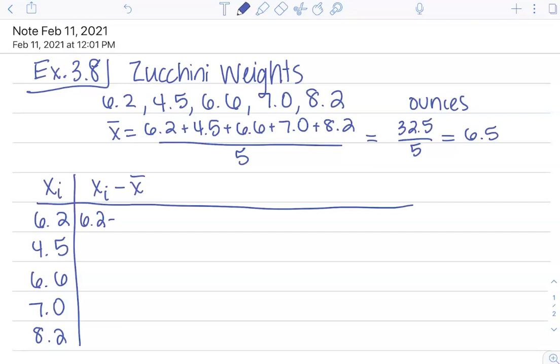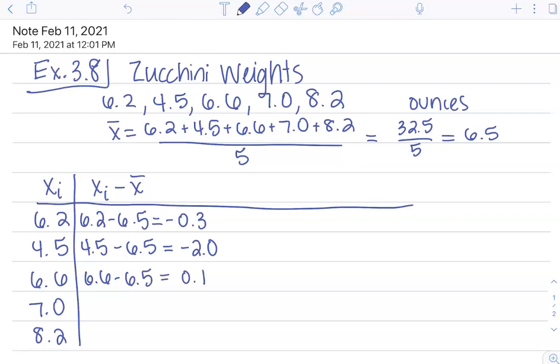So here's 6.2 minus 6.5, we get a negative 0.3. 4.5 minus 6.5 gives us a negative 2.0. 6.6 minus 6.5 gives us a 0.1. 7.0 minus 6.5 gives us a 0.5. And then 8.2 minus 6.5 gives us a 1.7. And so these are all of your deviations from the mean.